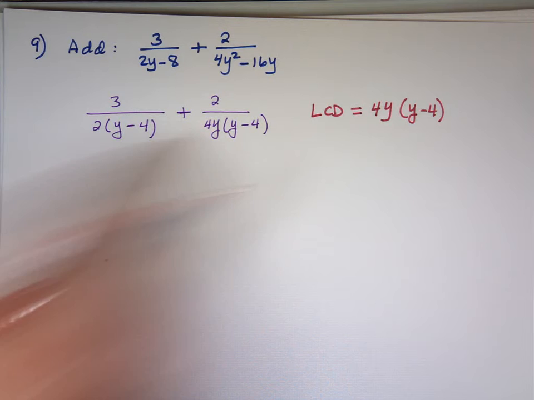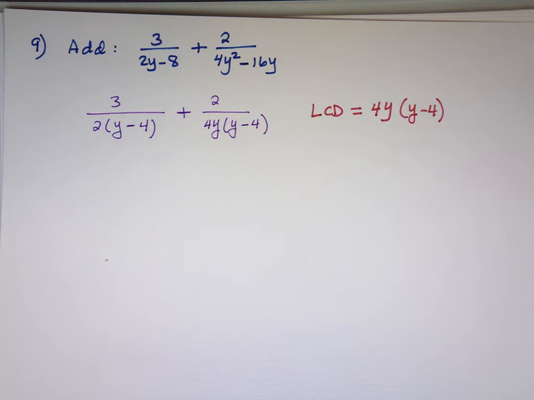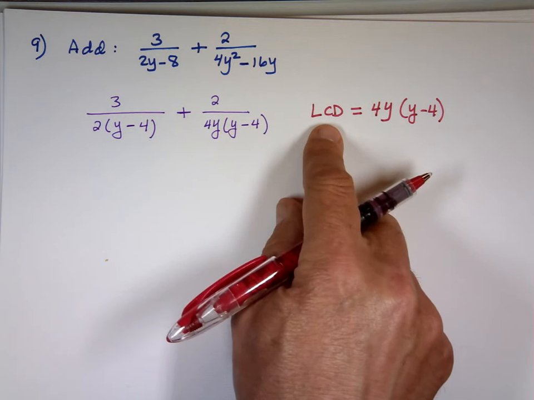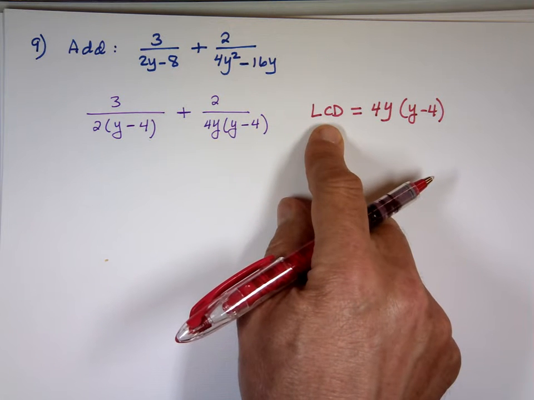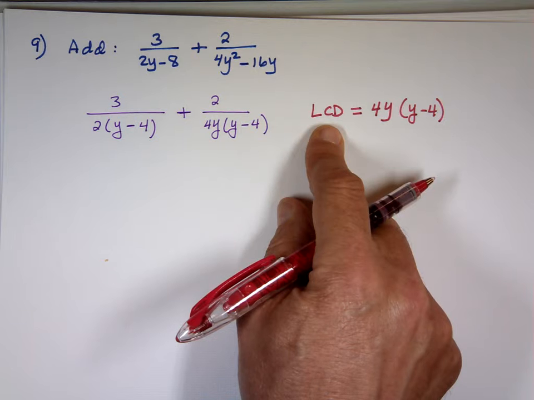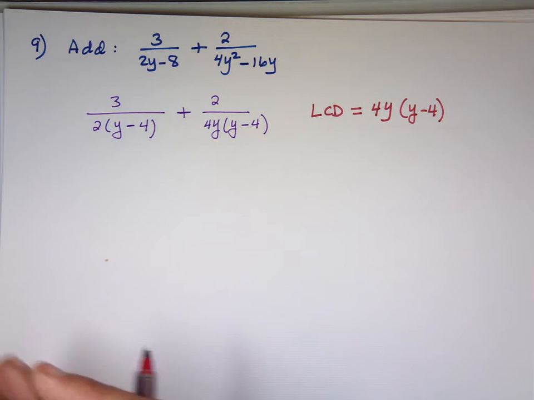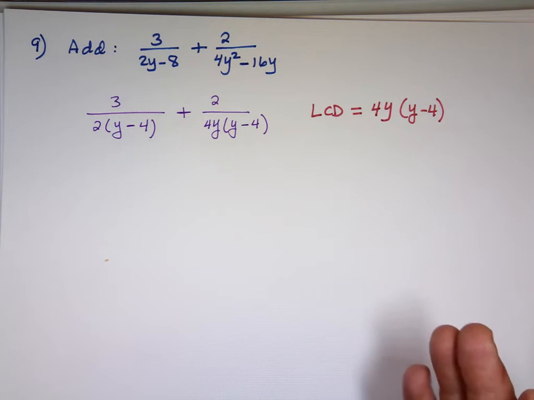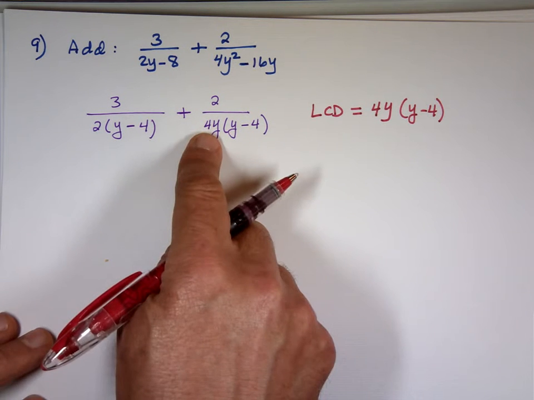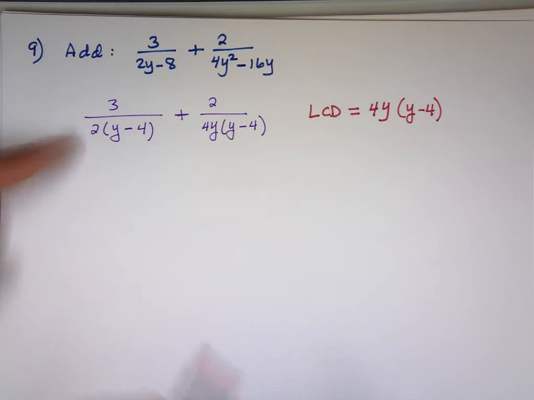There's no reason to multiply by 2. If you did, it will not be wrong. It will not be the LCD. It will be a common denominator, but not the smallest one. And if you simplify your answer at the end, you will be correct. But since this is inside that, the 2 is inside the 4, there's no reason to use it.